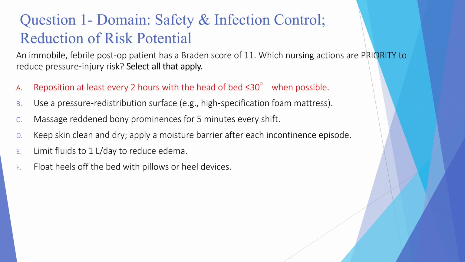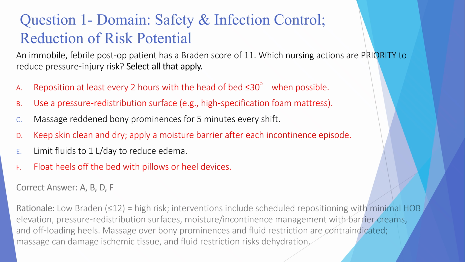So reposition at least every 2 hours. Then use a pressure redistribution surface. Keep clean and dry. Apply a moisture barrier after each incontinence episode, and float heels off the bed with pillows or heel devices. So the rationale: a low Braden score is a high risk.